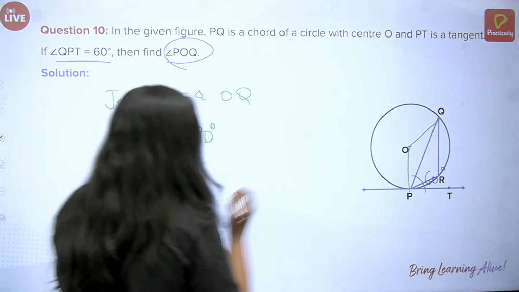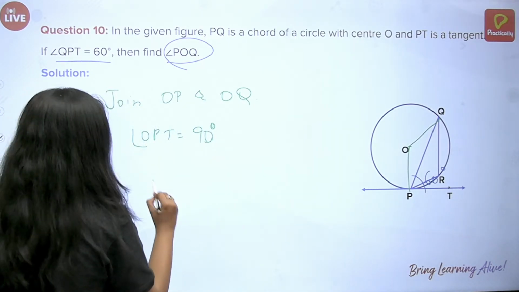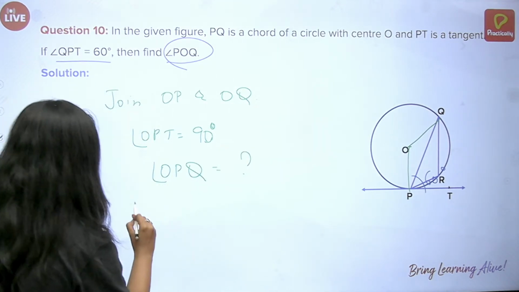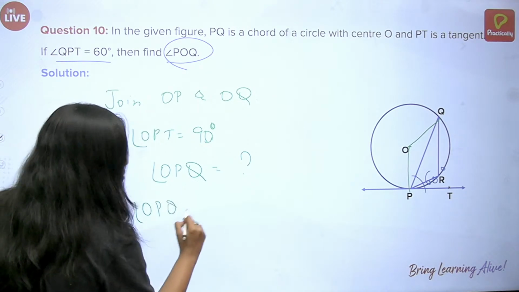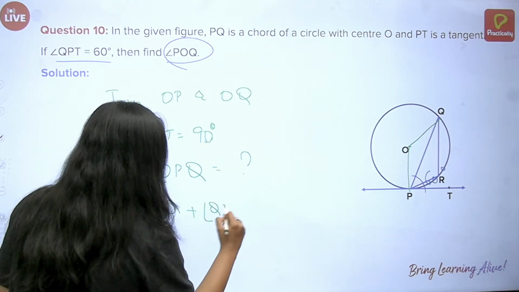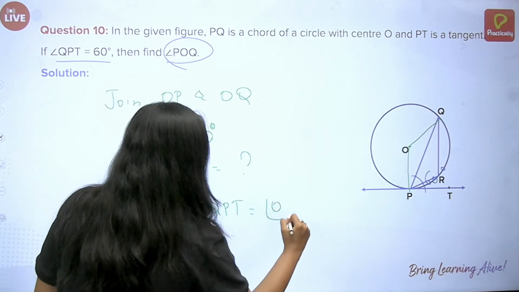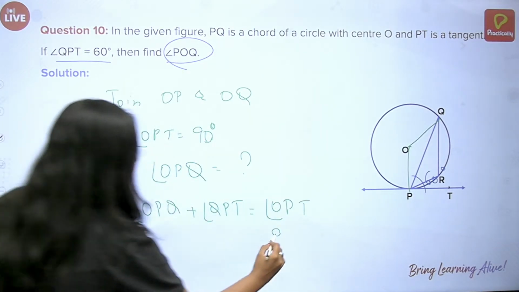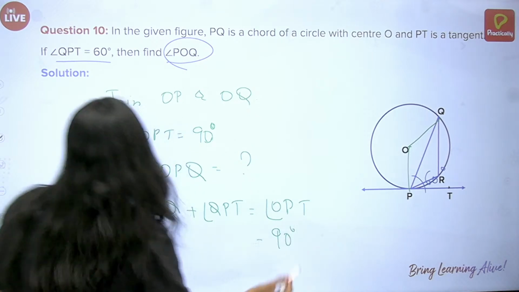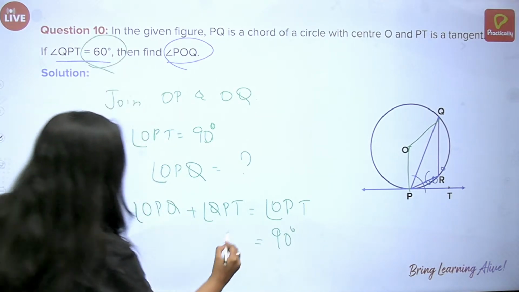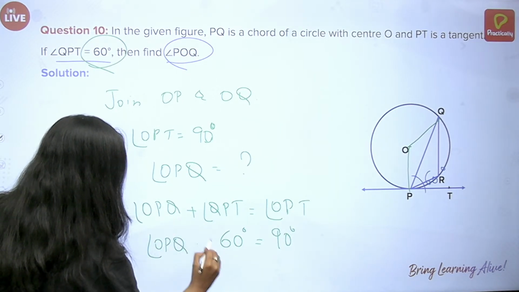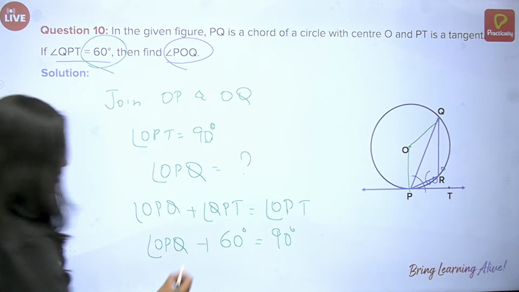So, if OPT is equal to 90 degrees, what will be angle OPQ? Let us see. Angle OPQ plus angle QPT is equal to angle OPT. We know OPT is 90 degrees, and we know that angle QPT is 60 degrees. So, what will be angle OPQ? OPQ will be nothing but 30 degrees.